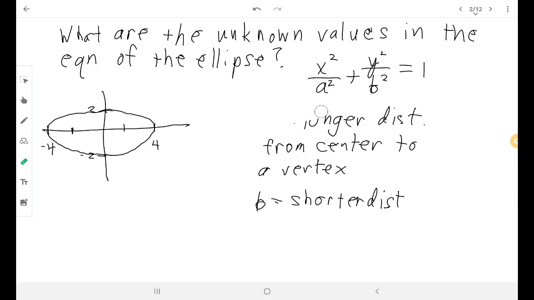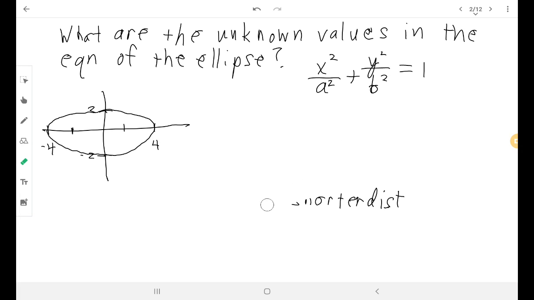They're just distances, and those distances are from the center to a vertex or co-vertex. They call it the co-vertex or the minor vertex. We have a major axis, which is the longer axis, and then we have a minor axis, which is the shorter axis. Okay?